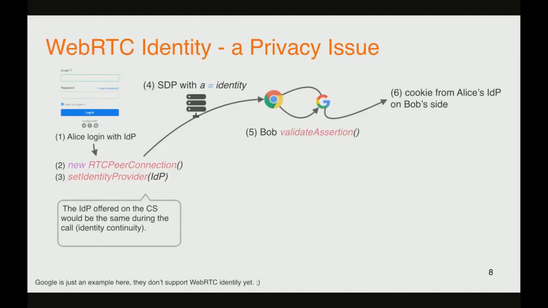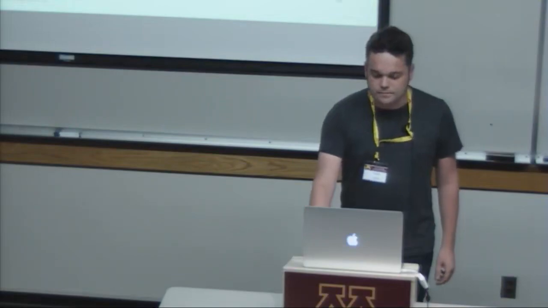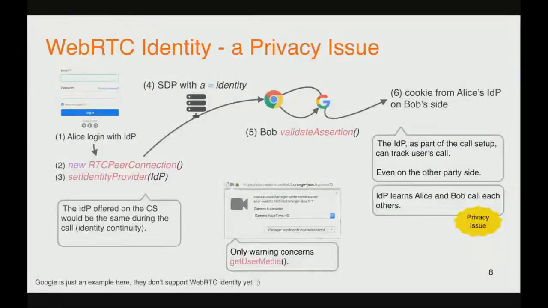This is useful information, because the identity provider is now participating in the call establishment and knows the same information as the WebRTC service providers. So it knows the user call logs, when they are calling and to whom. And regarding the type of warning the user gets, the only warning they get is related to the sharing of their camera.